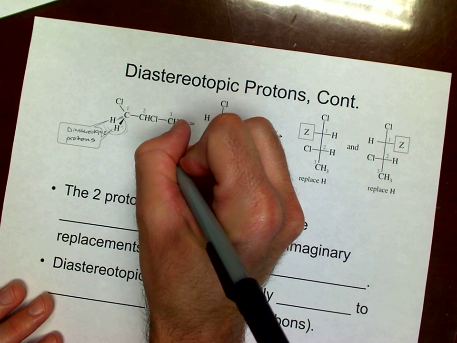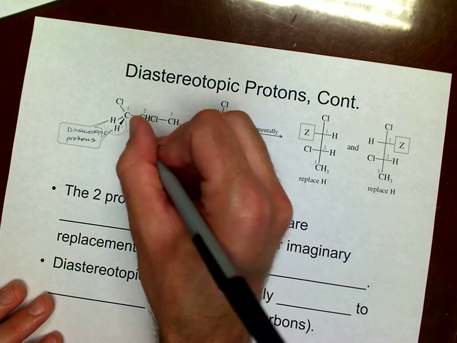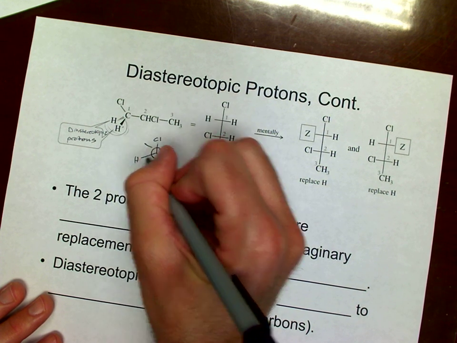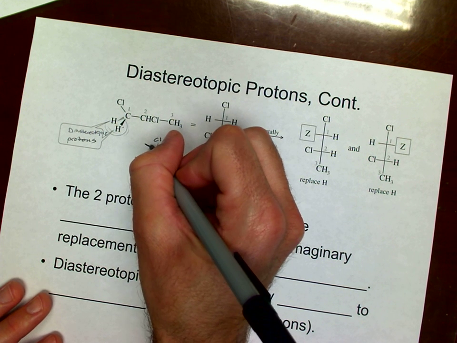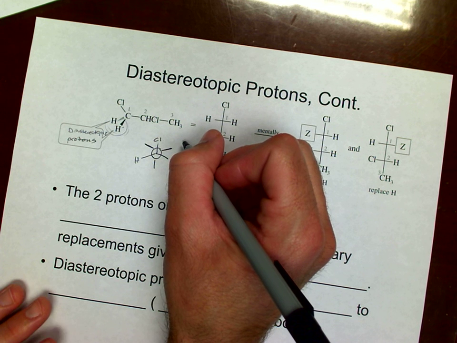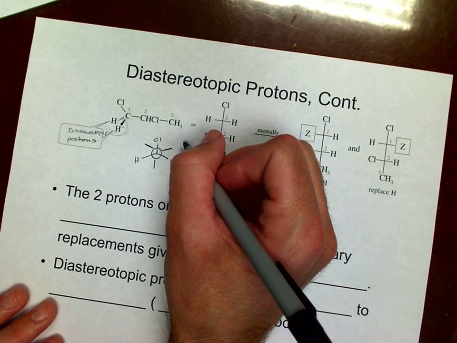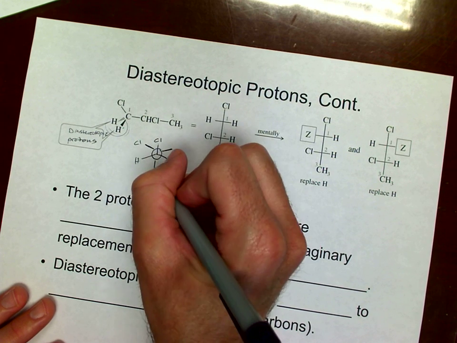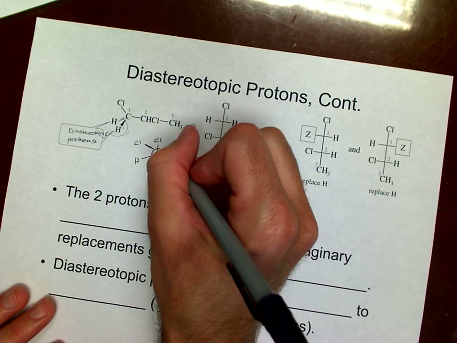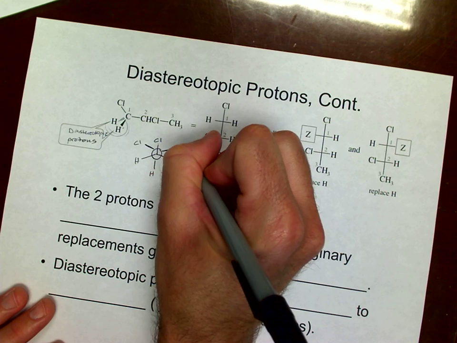Cl is in plane up, and then we have our H's down to the sides here. For what's hanging off C2, there's a chlorine, I'll put it there, there's a hydrogen, I'll put it there, there's a methyl, I'll put it there.